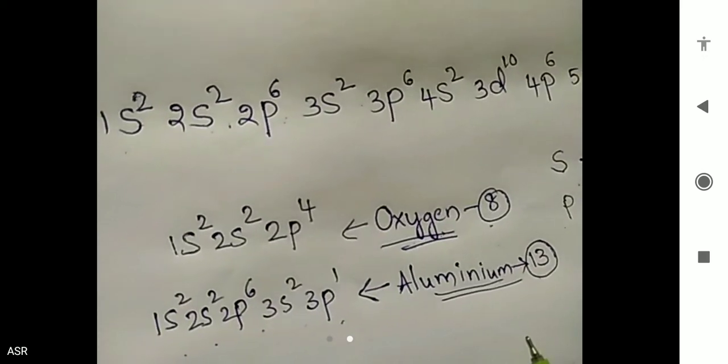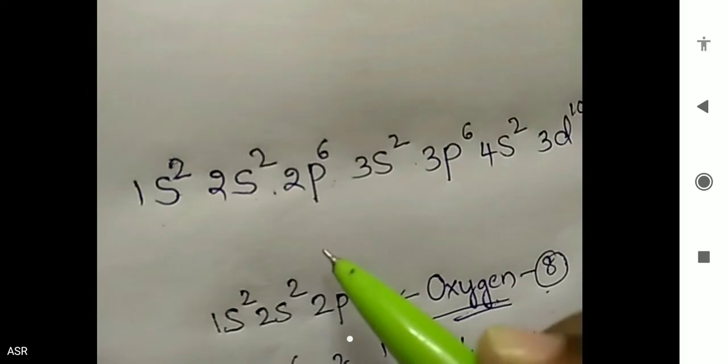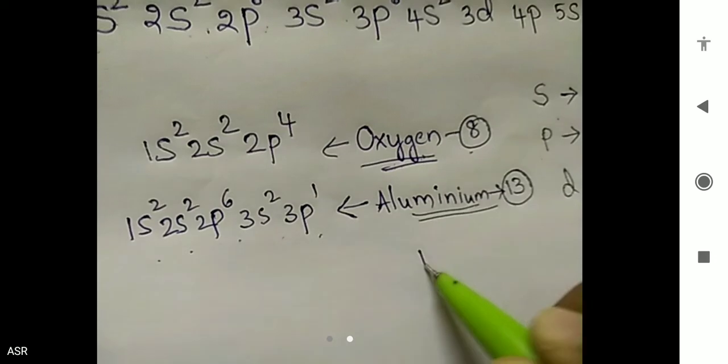Now, if in case you want to write the short form for this, you can write it in this way, children. You all should know what the inert gas elements are. Noble gas elements, we can say. That is helium, neon, argon, krypton, xenon.